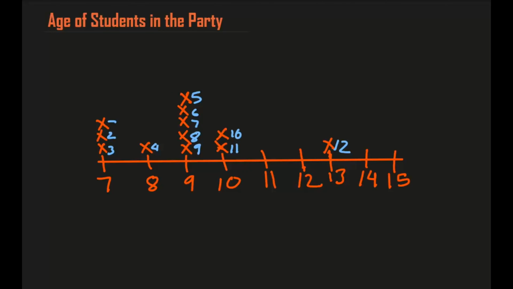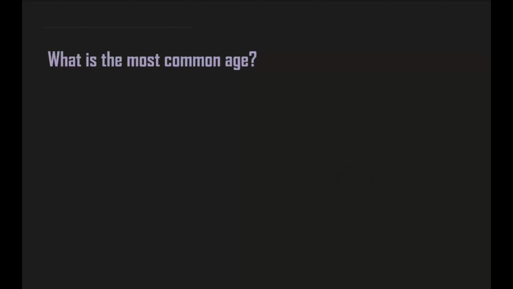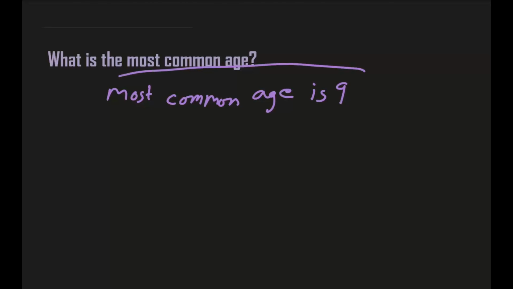That means 5 people are 9 years old. So that is going to be our most common age. The most common age is 9. That's our answer.